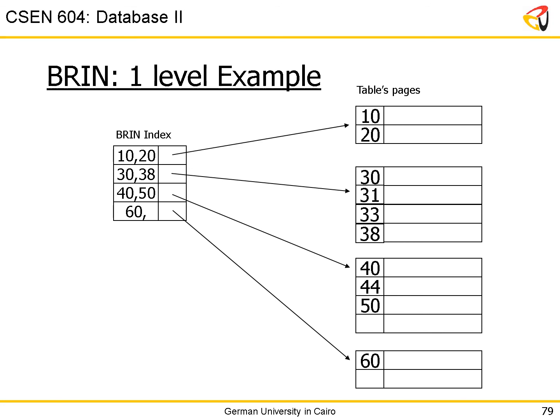And then I put a reference to that page. So now I know that if I'm looking for a value between 10 and 20, then I've got to follow the reference to that first page in the table. If I'm looking for the value, say 45 for now, I'm going to follow the entry that says 40, 50, and I will go to the third page in the table. Okay, so the ranges are actually helping me a lot.